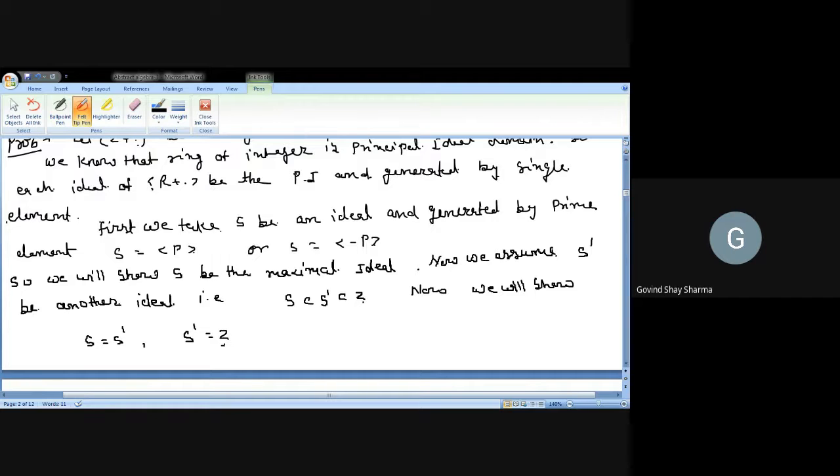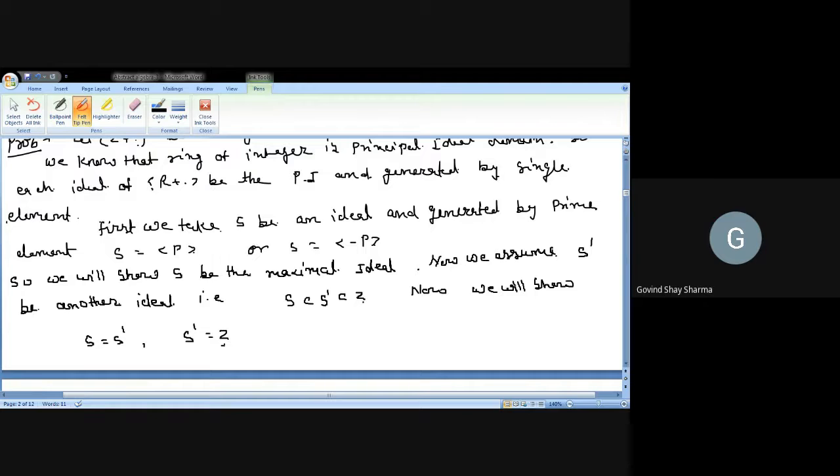So we take that S is generated by a prime number because we have to show that a prime ideal is always a maximal ideal. So we take another ideal S dash which is lying between S and Z. So we will show that S is equal to S dash or S dash is equal to Z.